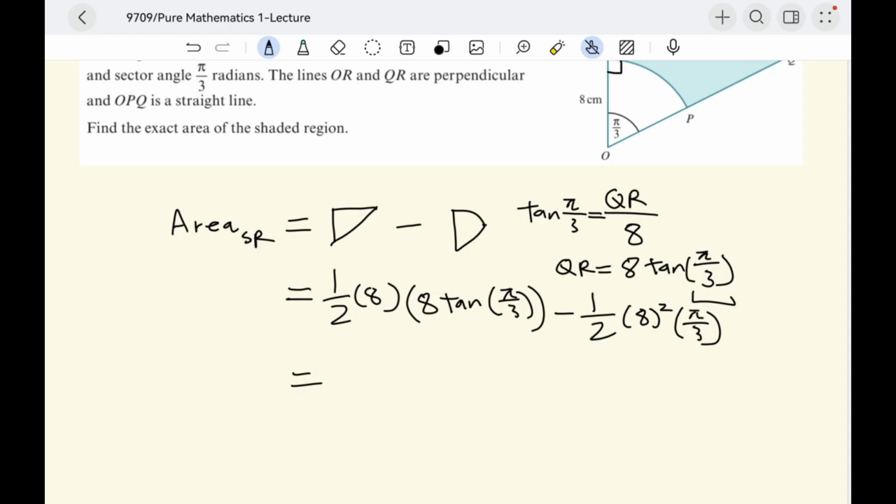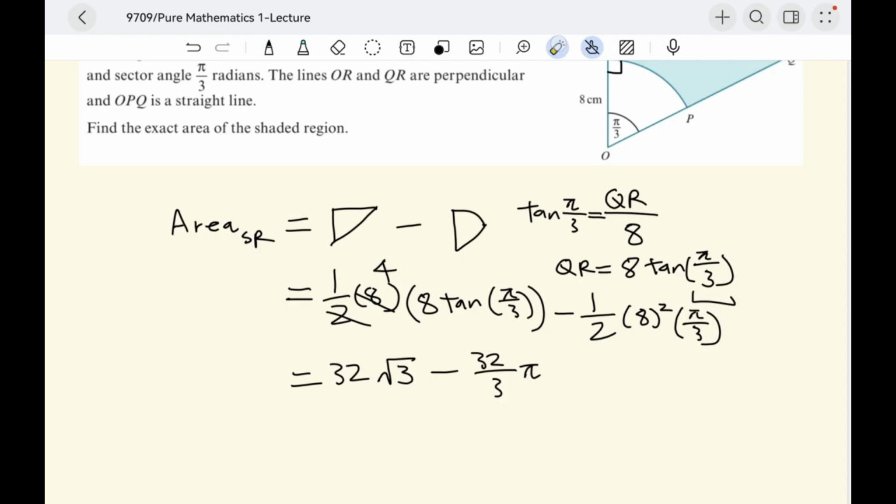Let's perform the steps slowly to reduce careless mistakes. You will get 32 root 3 for the first term, minus half of 8 squared times pi over 3, which is 32 over 3 pi.